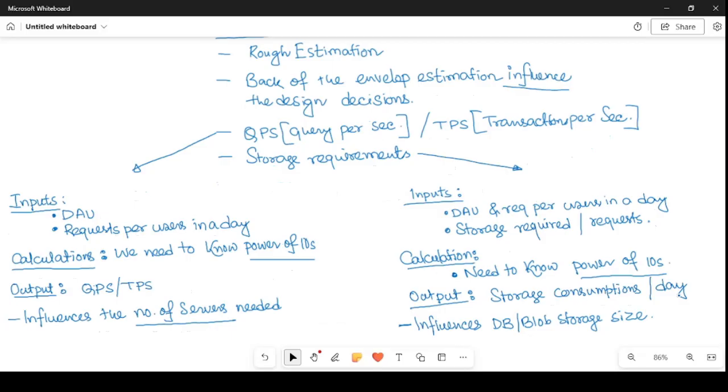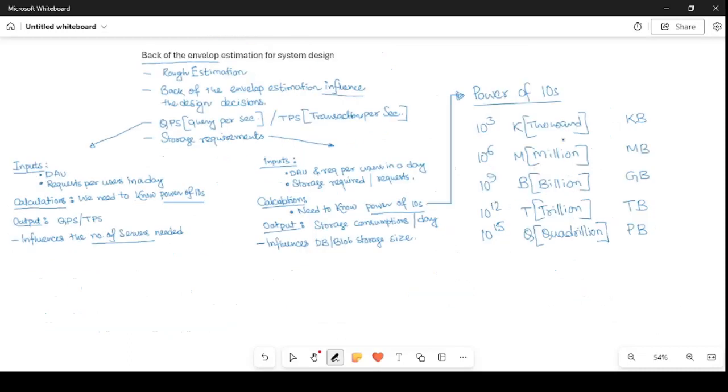Now, as we have understood that for both QPS calculation and storage calculation we need to understand the power of tens, let's see what it is and what to remember in order to evaluate QPS and storage requirement for any software system. These are the power of tens. 10 to the power 3 means K or 1000, and this also corresponds to KB.